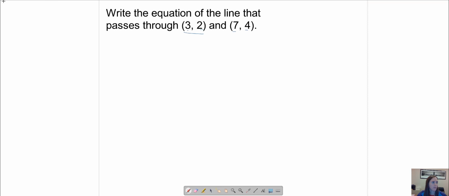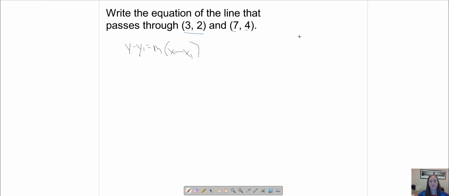Again, we're going to be using our point-slope form: y minus y1 equals m times x minus x1. And if you don't want to memorize that, that's totally fine. Just have it written down somewhere so you remember what it is.